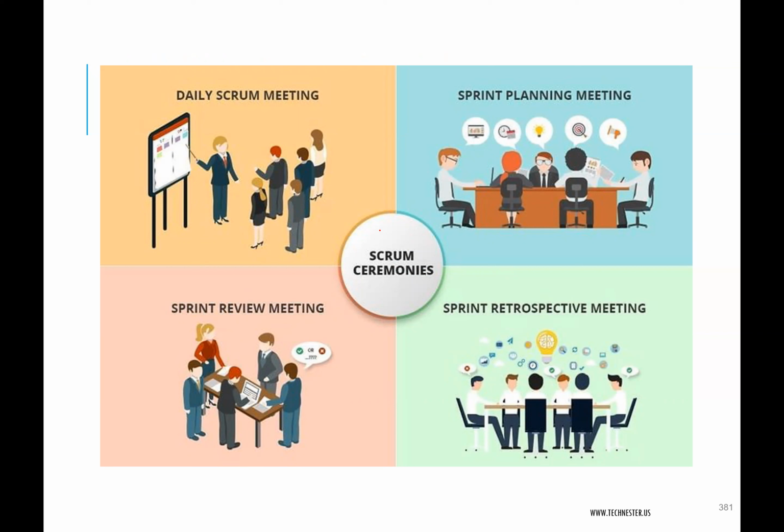Like Winifred said, the sprint retrospective happens on the last day of the sprint before another sprint starts. So on the last day of the sprint, the idea is to look back on the sprint. The developers will look back on the events in the sprint and see what worked well, what did not work well, what they want to do more of, and what they want to stop doing or do less of.